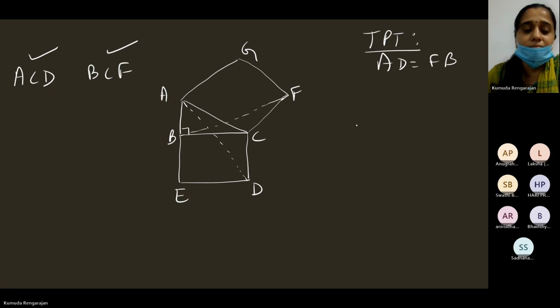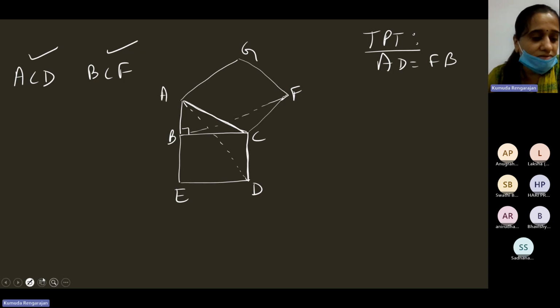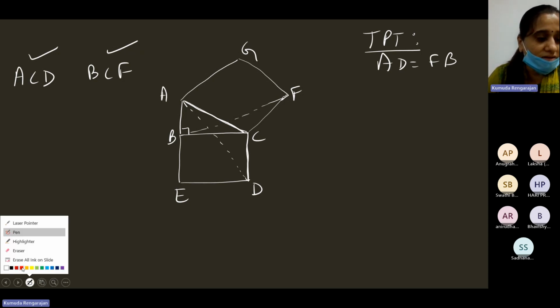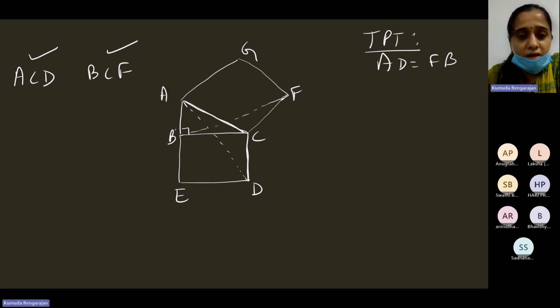All right. So now look at this triangle ACD. I'll just use the same color, children. One second. Now, this is the square, right? ACFG is a square, right? So these two sides are equal.